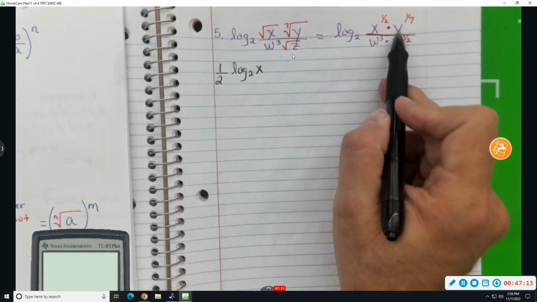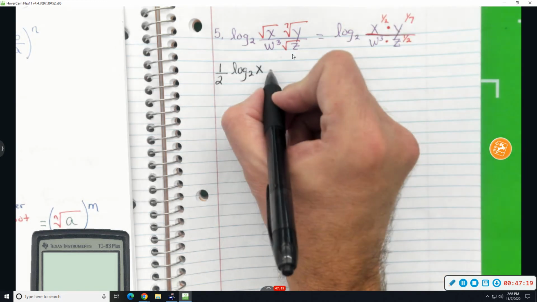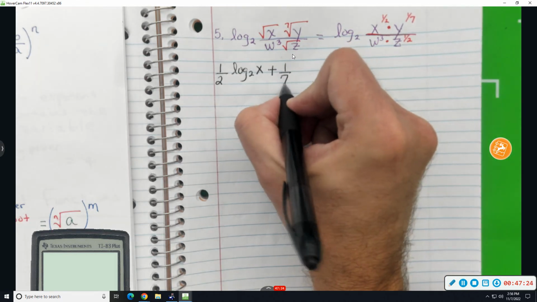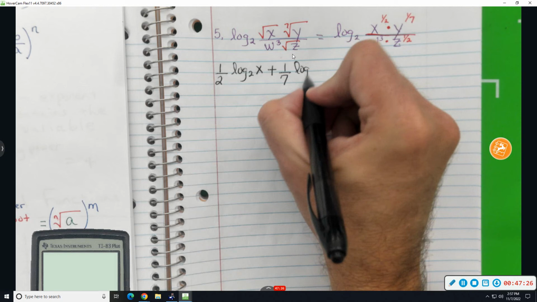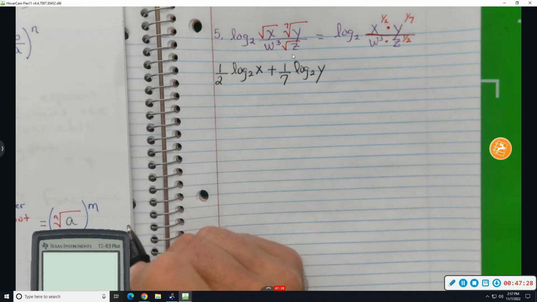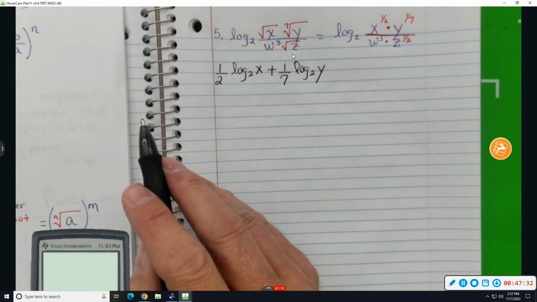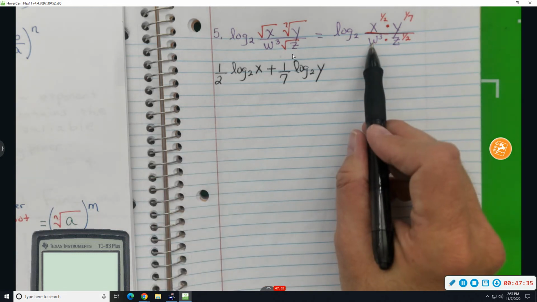Now I'll move to the y. Do I put a plus or a minus? Plus, because it's on top. I brought a 1/7 and a log base 2 of y. Now let's go to the bottom. Work with the w.